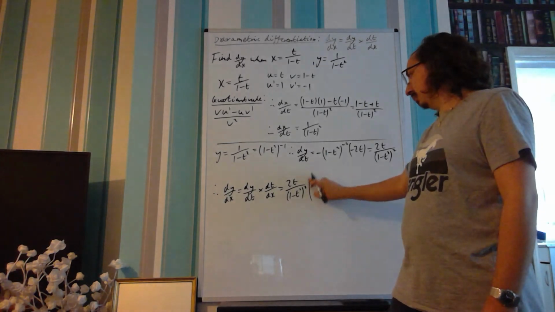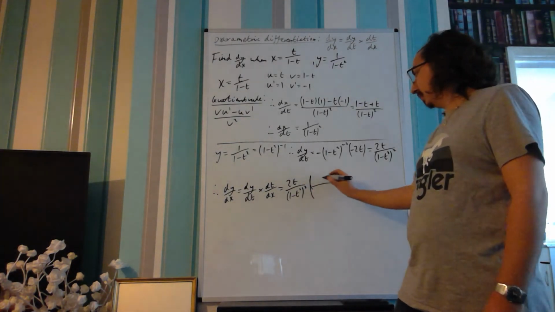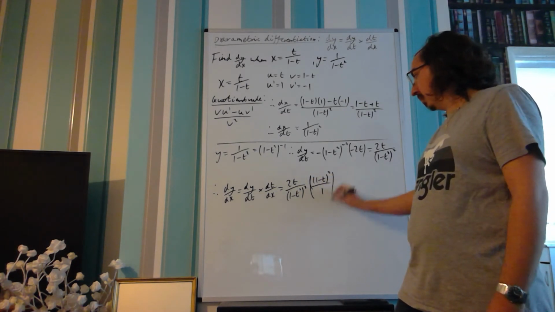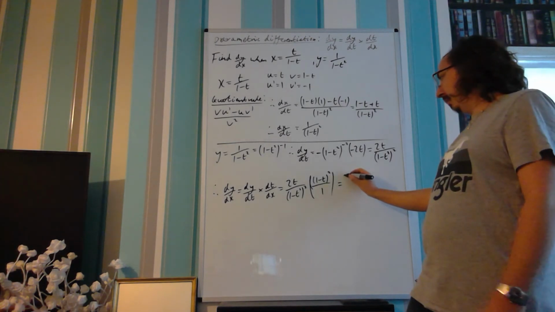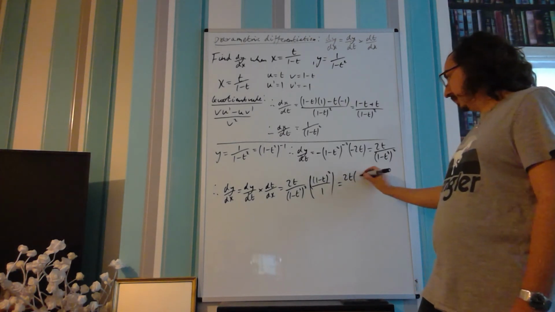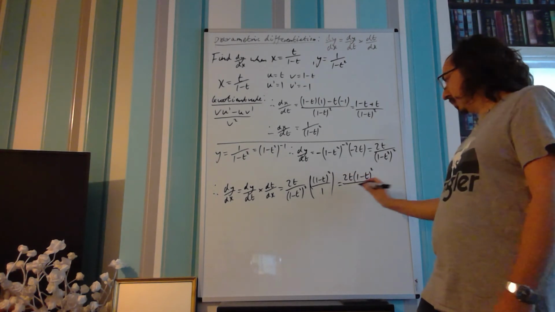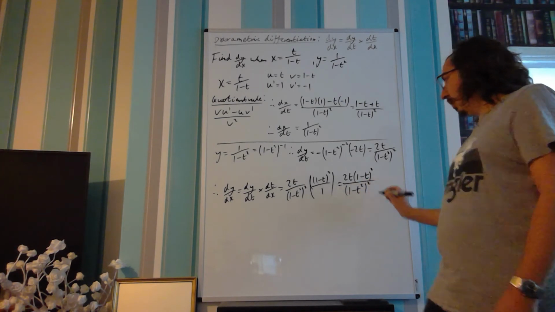So actually we are just multiplying it by, in the numerator, or if we want to write it as the full fraction, 1 minus t squared all over 1. So tidying that up a little bit further, we have 2t times 1 minus t all squared, all over 1 minus t squared all squared.